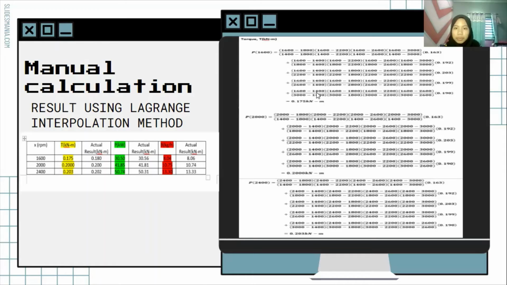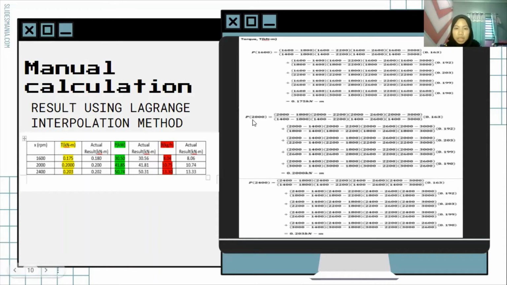For the first we get 0.175 and the actual result is 0.18. We get a slightly different answer, but it is acceptable.